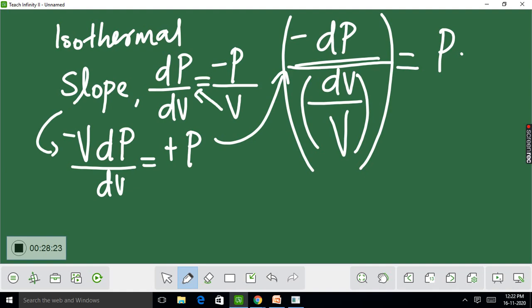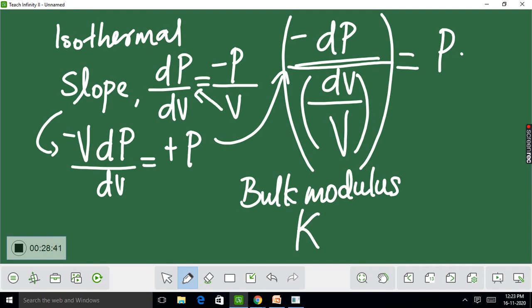So the left hand side of this equation is the bulk modulus of elasticity K. In the isothermal process, the bulk modulus of elasticity is obtained as the pressure itself.